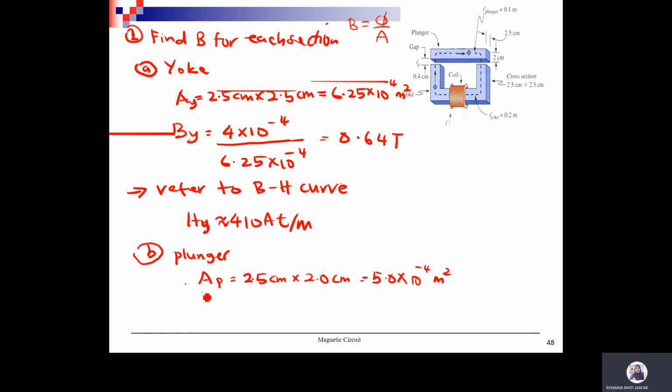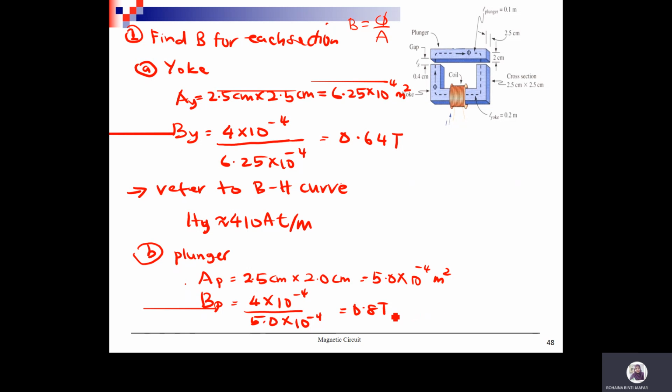Apply the same process: B plunger equal to flux over A, so 4 times 10 minus 4 over 5.0 times 10 minus 4. So B plunger you will get 0.8 Tesla.